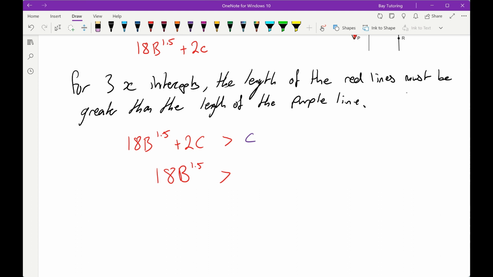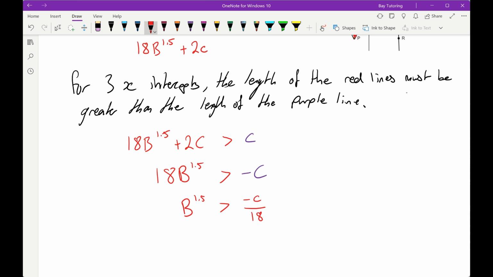It'll just be negative c. Now we can divide by 18.